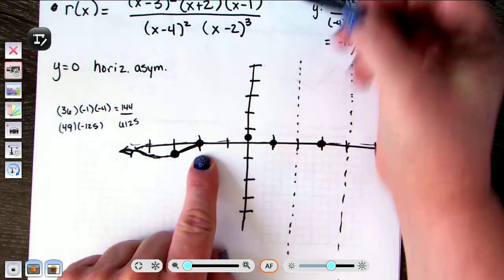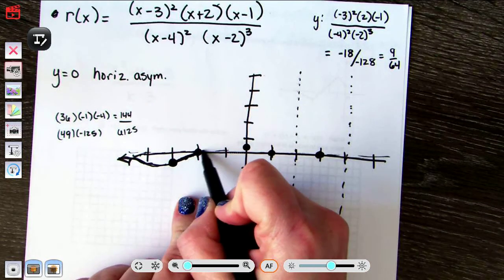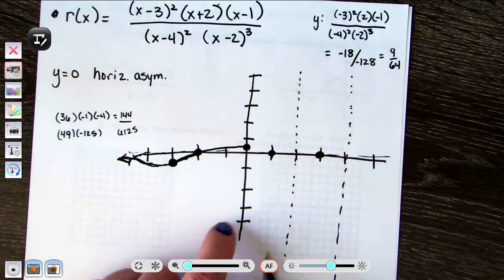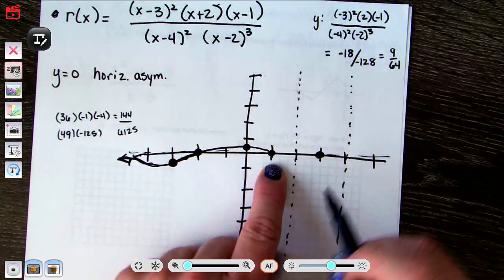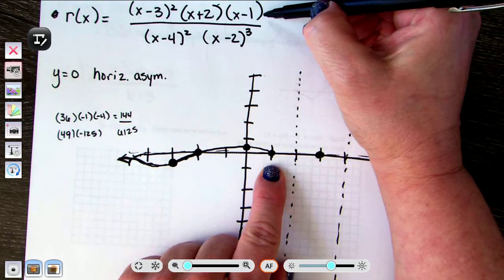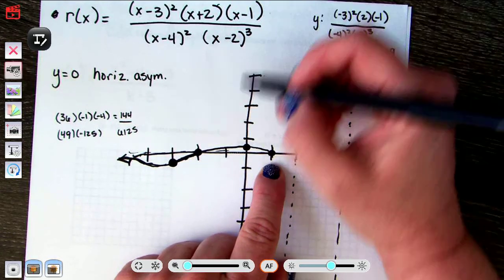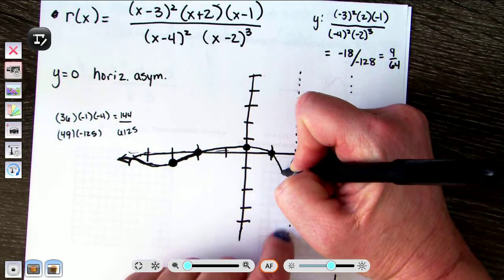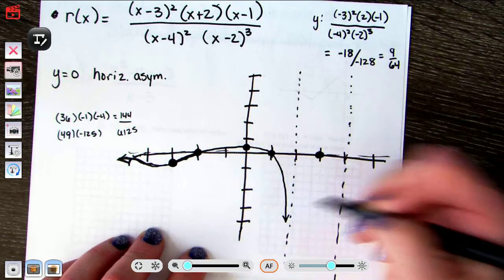I also know this came from a multiplicity of 1, so it's going to go through like a straight line and come down. From here, I have to hit this guy. X minus 1 is also of multiplicity 1. So it's going to go through like a straight line, which means now I'm coming towards this asymptote. I'm going to be going down to the bottom.